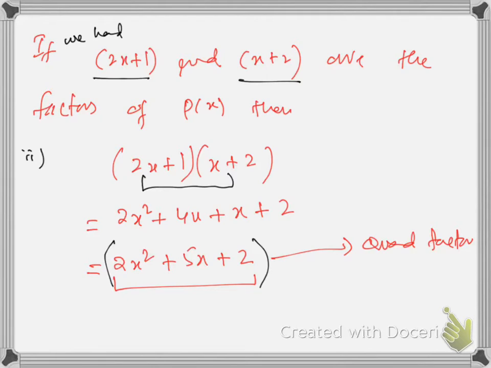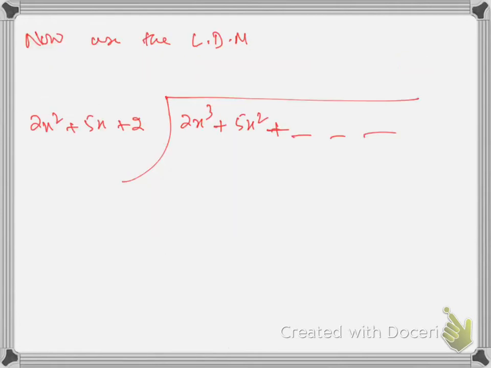It's compulsory to take the product of the linear factors to get a quadratic factor for the long division. So this is very important. If two linear factors were given, then we must find a quadratic factor for the long division.